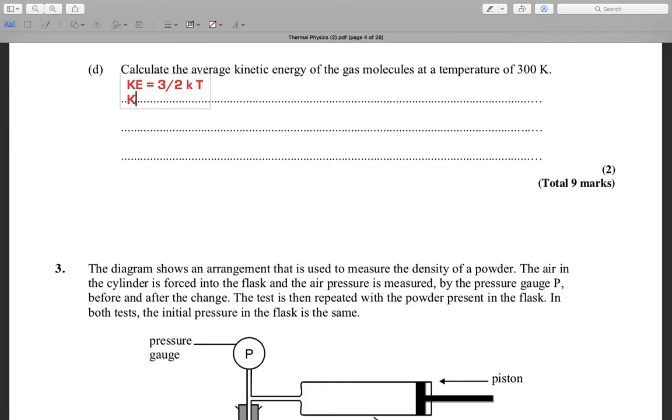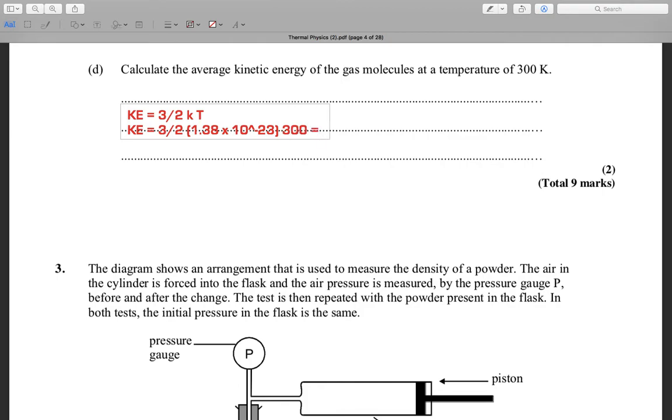So kinetic energy equals 3 over 2 times k, the Boltzmann constant 1.38 times 10 power minus 23, and times temperature in Kelvin, which is 300.